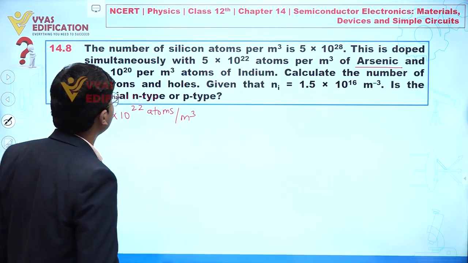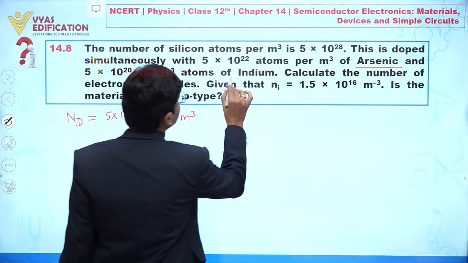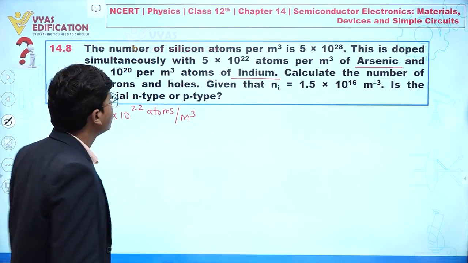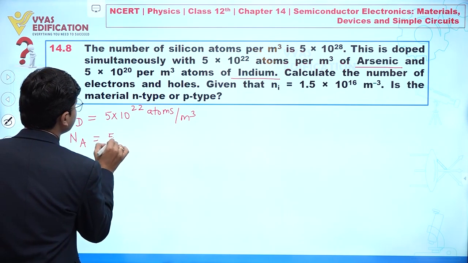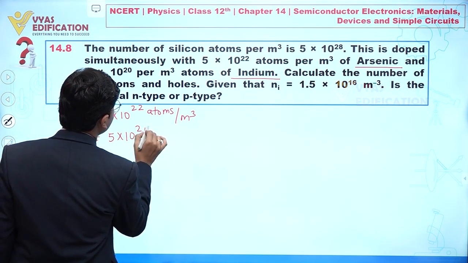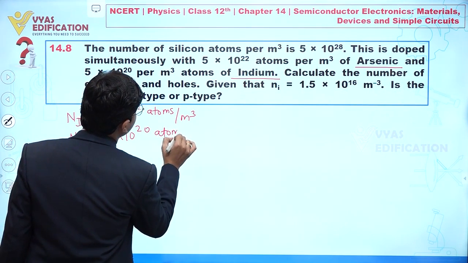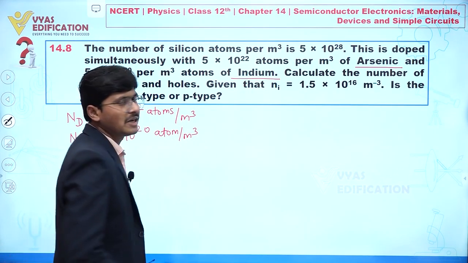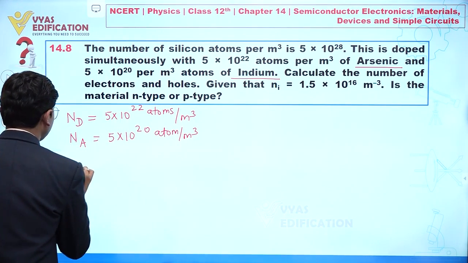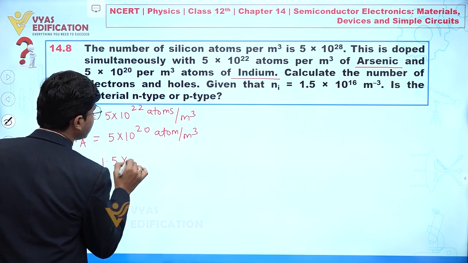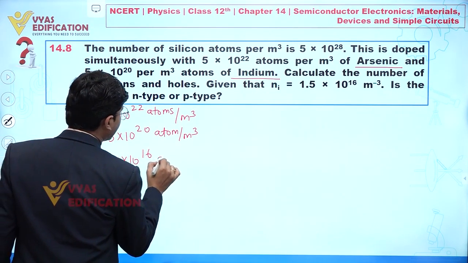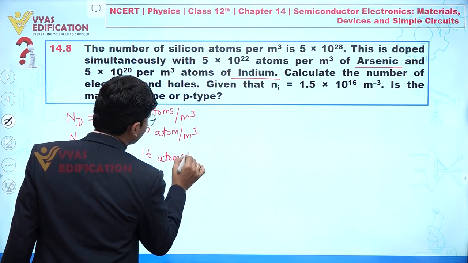Now we also have indium. Indium is an acceptor, and its value is given as 5 into 10 to the power 20 atoms per meter cube. And the value of Ni is given as 1.5 into 10 to the power 16 per meter cube.